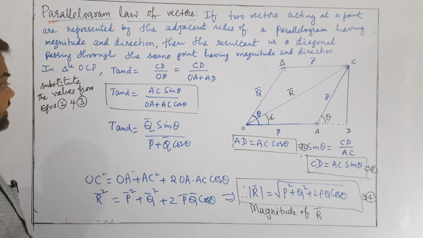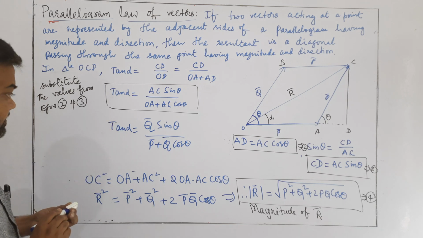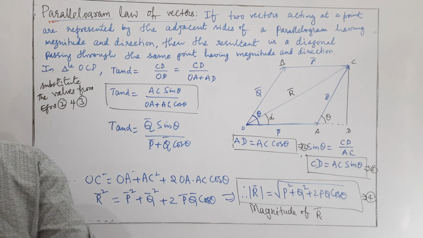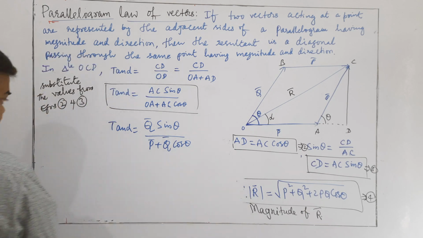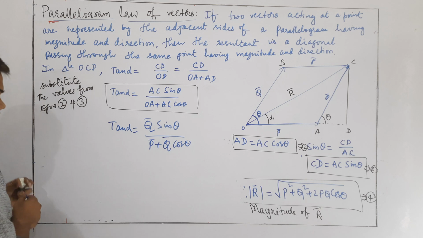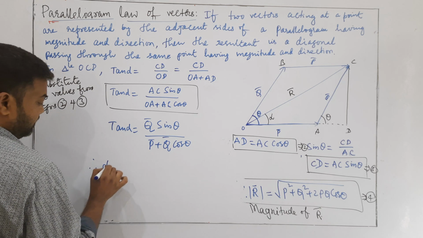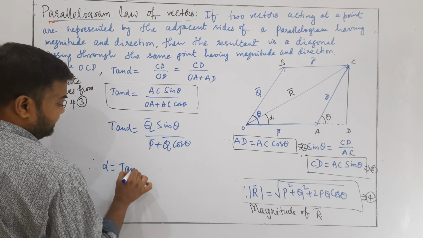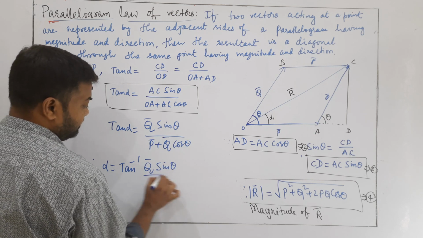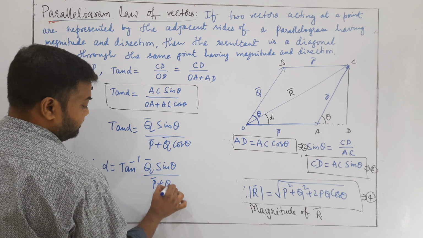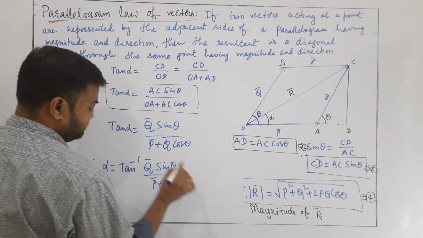Q sin theta by P plus Q cos theta. And from that, finally, you can write alpha. Therefore, alpha is equal to tan inverse of Q sin theta by P plus Q cos theta.